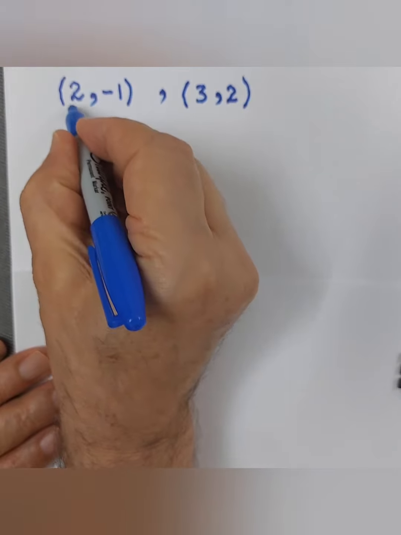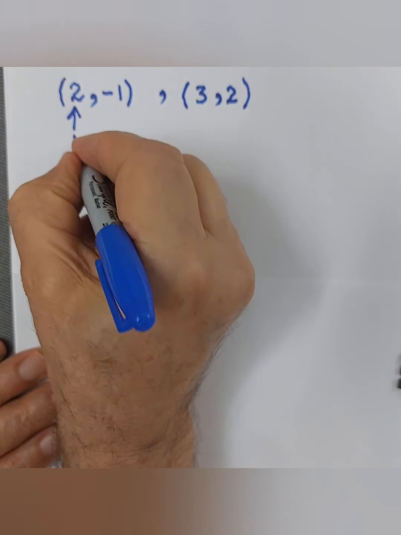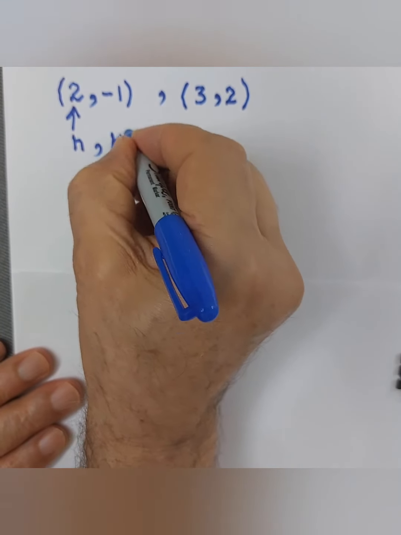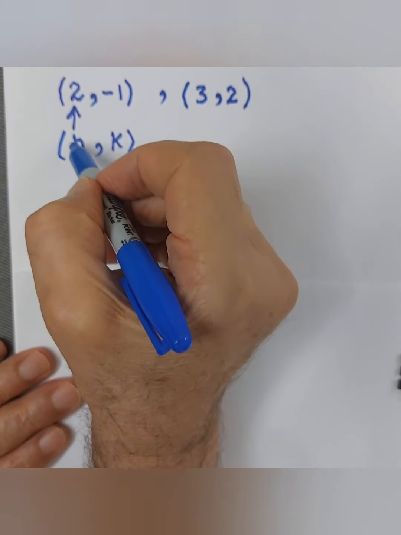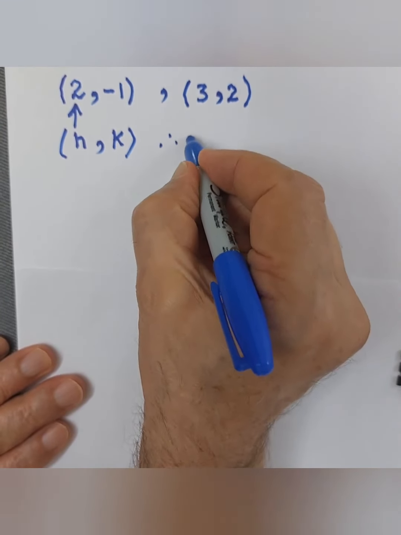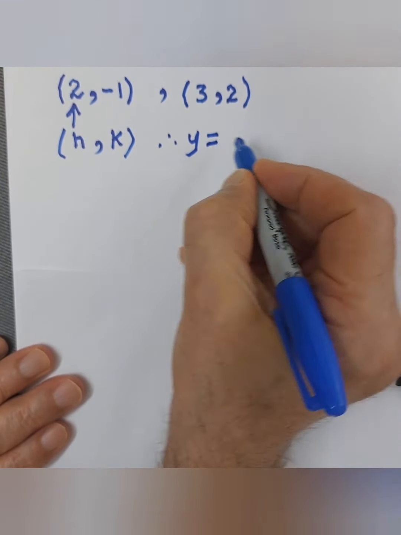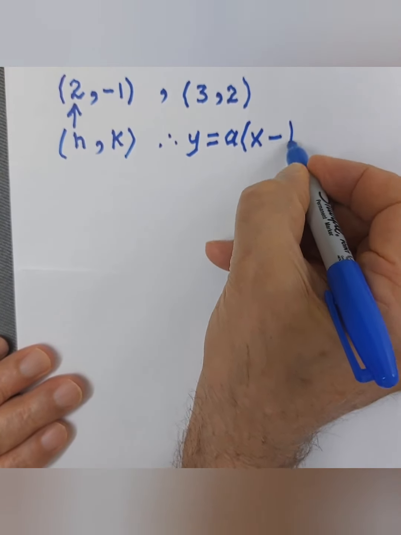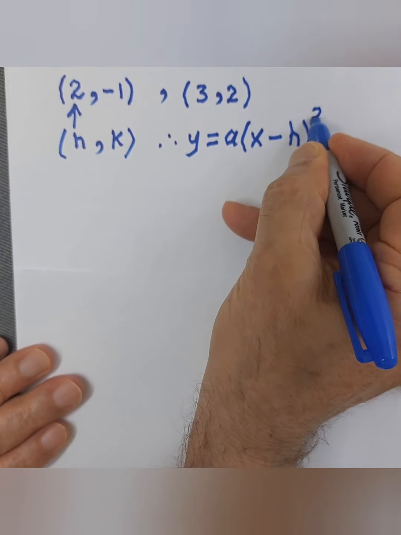Here we said this can be considered h, and this is k. So the first coordinate is h, the second coordinate is k, and we start to write the general form, which is y is equal a times x minus h squared plus k.